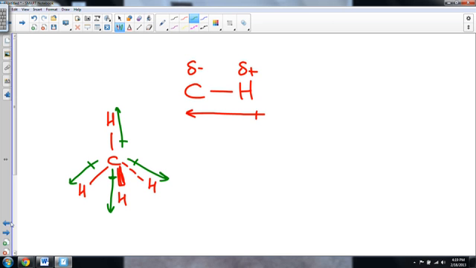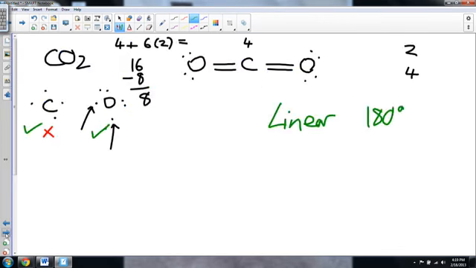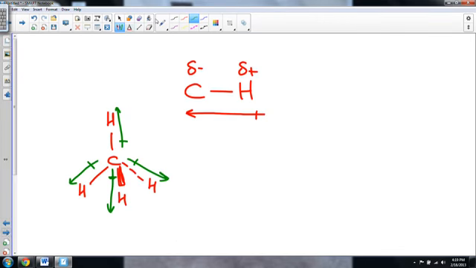Now, let me see if I can find something that's easier to explain that with. Let's say we have a molecule that we showed to be trigonal planar. So let's say we've got X, Y, Y, and Y. And we found 3 groups around the central atom, so the geometry would be trigonal planar like this.